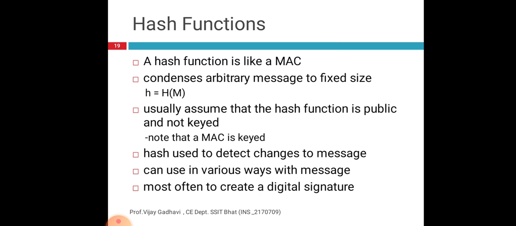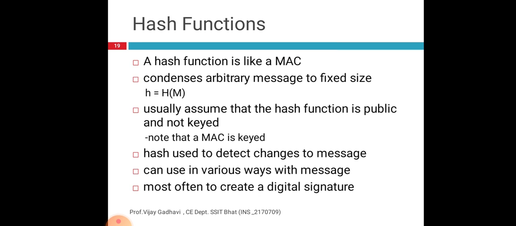One mark question: define collision-free hash function. It's called collision resistance. This is the answer, how to write in the GTU exam: it should be hard to find two different inputs of any length that result in the same hash.